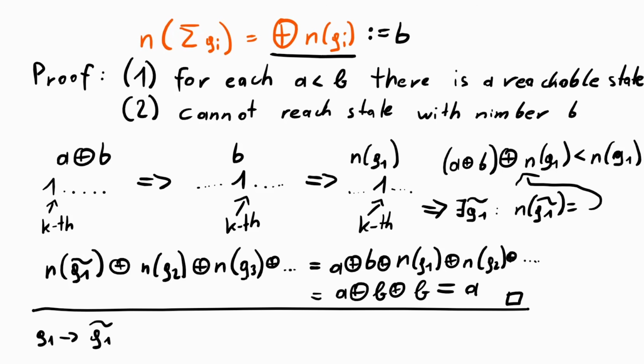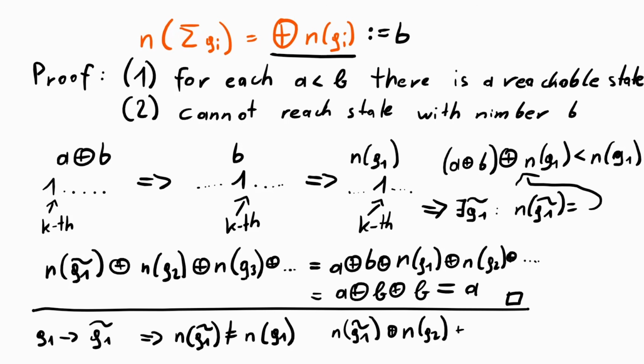This means, however, since the number of the states is defined using the max, that the number of G1 tilde is not the same as the number of G1. After this move, using the Sprague-Grundy Theorem, this combined state has the number n of G1 tilde XOR n of G2 XOR dots.